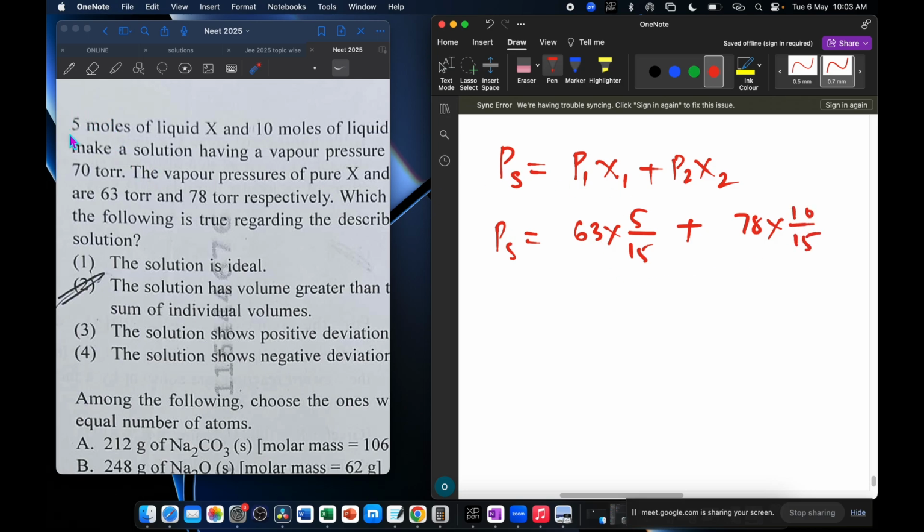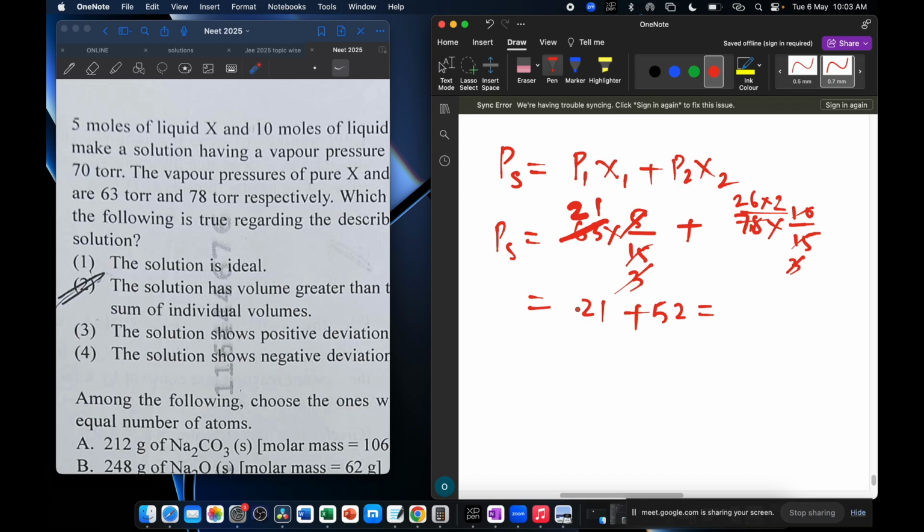See, I put the mole fraction as X by total moles, Y by total moles. So let's solve this. How many times does 3 go? 3 times, right? 3 goes how many times? 2, 1. So this is 21 plus, so this goes 2 and 3, right? So 3 goes how many times? 2, 6. So 26 2s are 52.